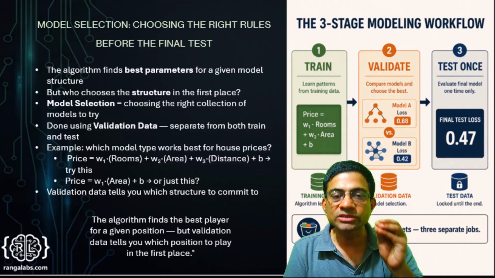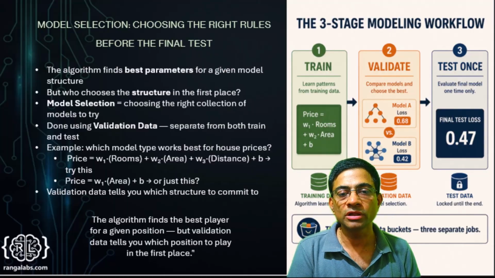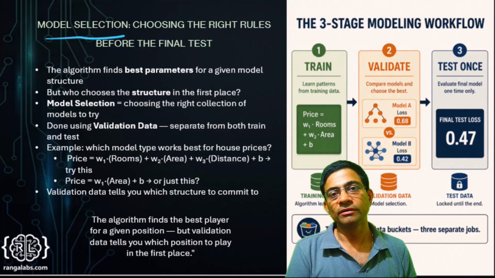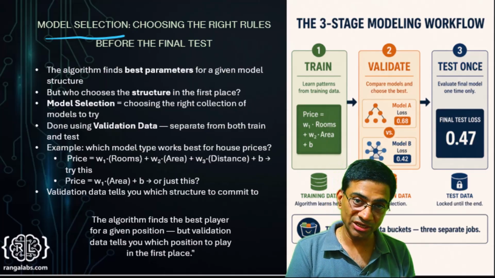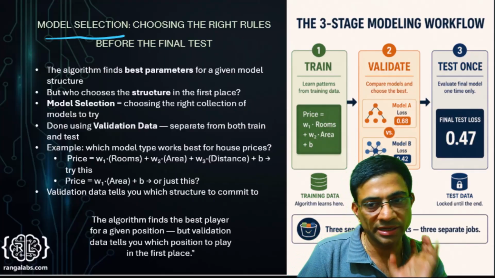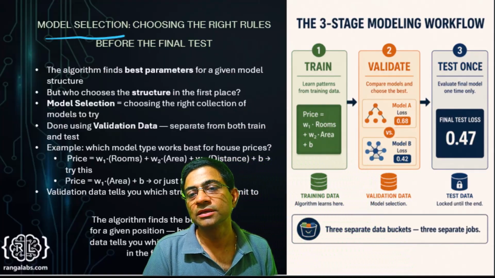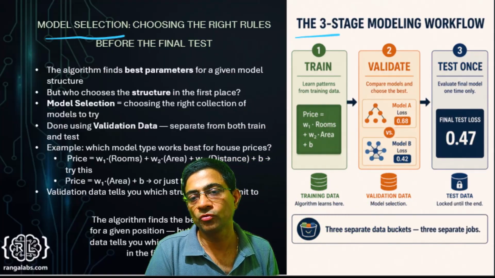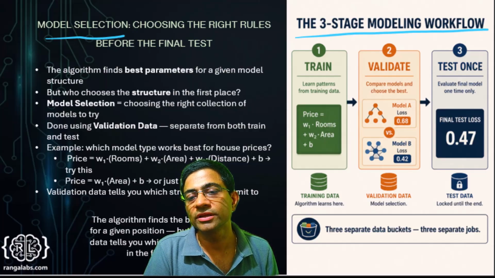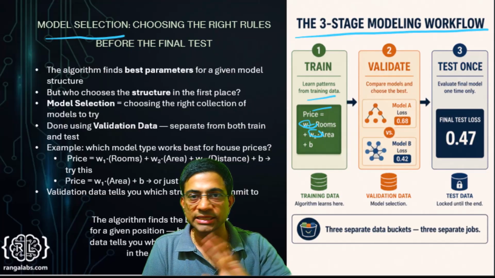Okay, now let's go a little deeper into the model selection, or the testing of the models with the validation data, because this is a little critical and you have to understand it clearly. So I have made this 3-stage modeling workflow. You can see the training data is given here and the algorithm is working, and we are getting all these parameters which we have discussed in the regression and classification models.